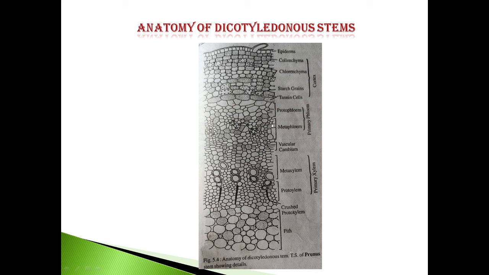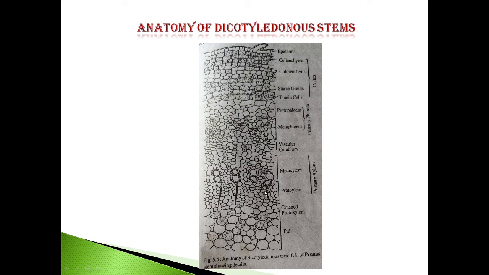The cambium lies in a layer of meristematic cells between the xylem and phloem, and that is known as the cambium ring. This is the vascular cambium ring, which lies between the phloem and xylem regions. This is the phloem region and this is the xylem region.